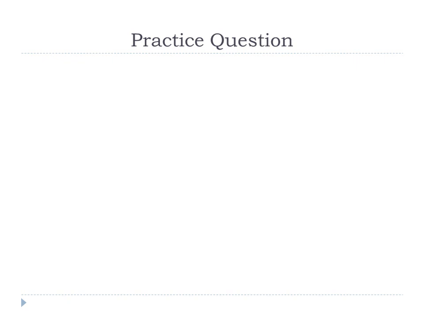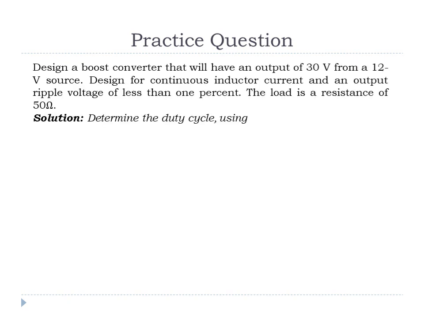Let us see a numerical example based on this, where we have to design a boost converter that can produce an output of 30 volt from an input supply voltage of 12 volt, and the load resistor is 50 ohm. First, if we know the output and input voltage, we can determine the duty cycle using the expression of the boost converter, which is V naught equals Vs into 1 upon (1 minus D).